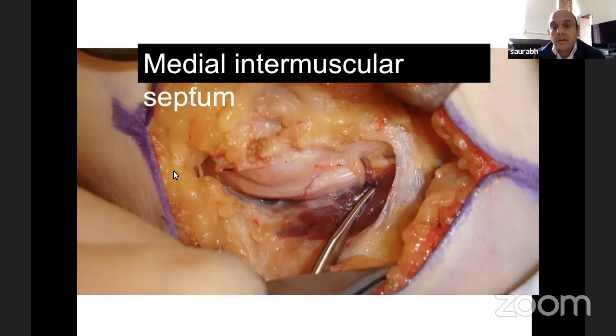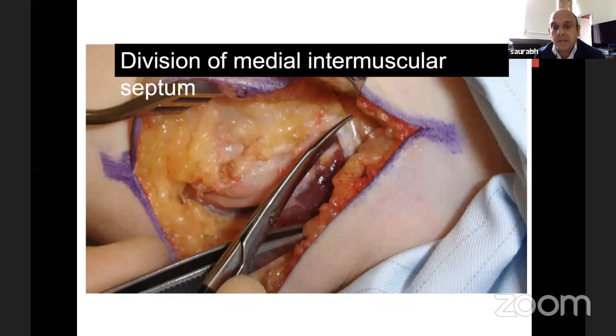And then, again, you can see much better here: triceps, ulnar nerve, and you're going to see the intermuscular septum a bit better here. So that's the medial intermuscular septum, and we're dividing it.